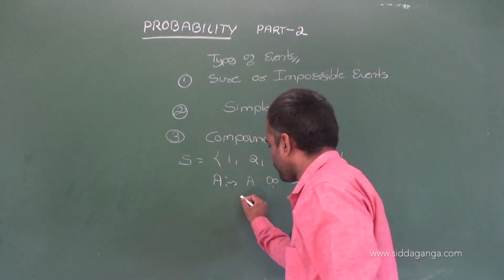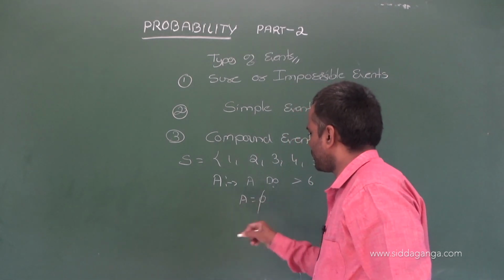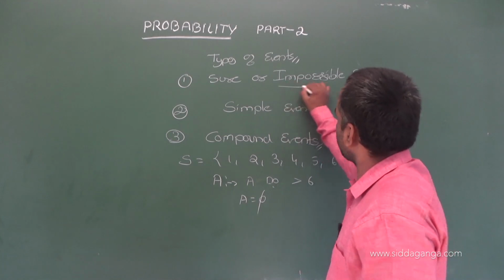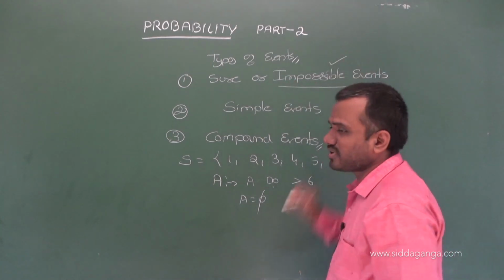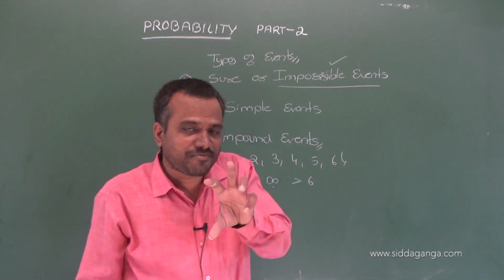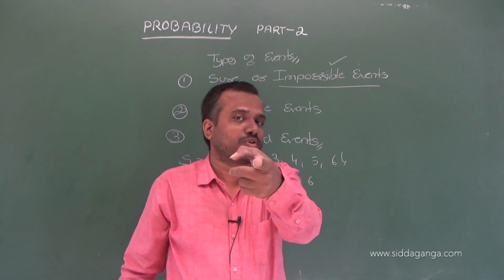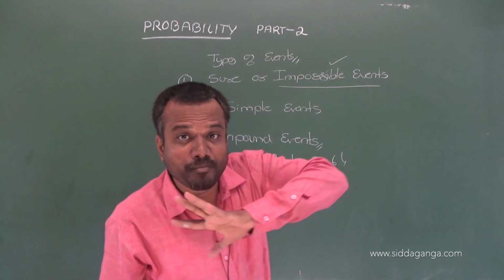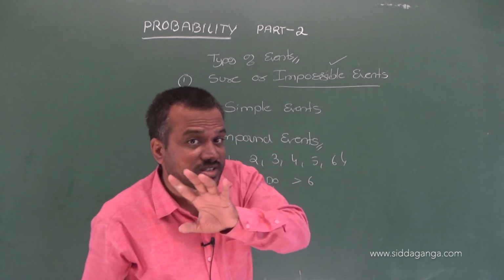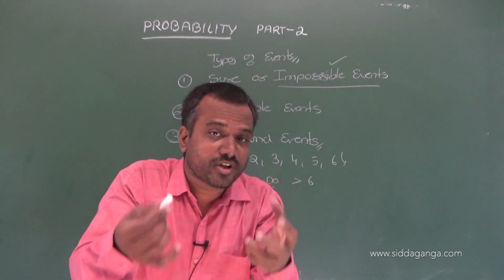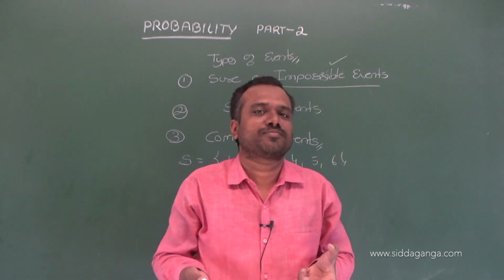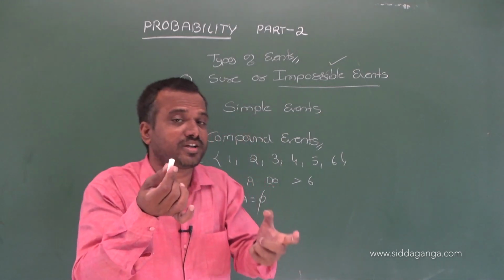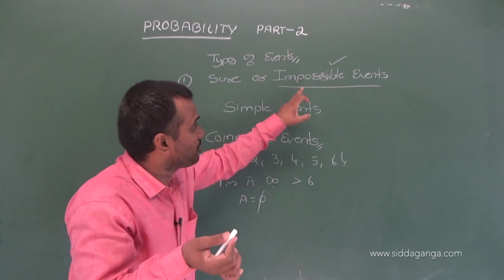That means what? A is empty. Then that event we call an impossible event. If the event is empty, very important, then that event we call what? Impossible event. The word says it: impossible. No favorable outcomes exist. Then that event we call an impossible event.